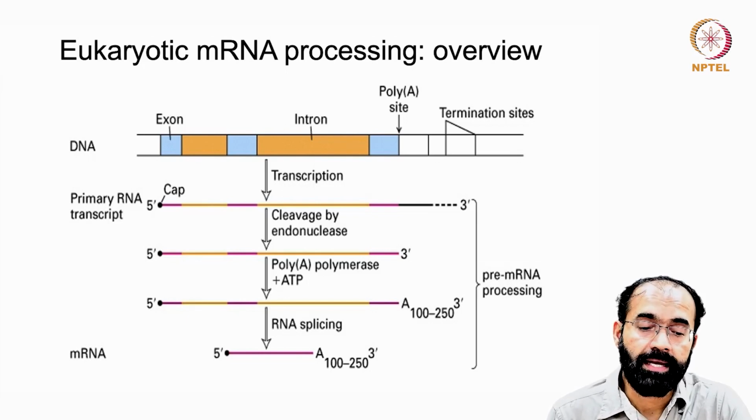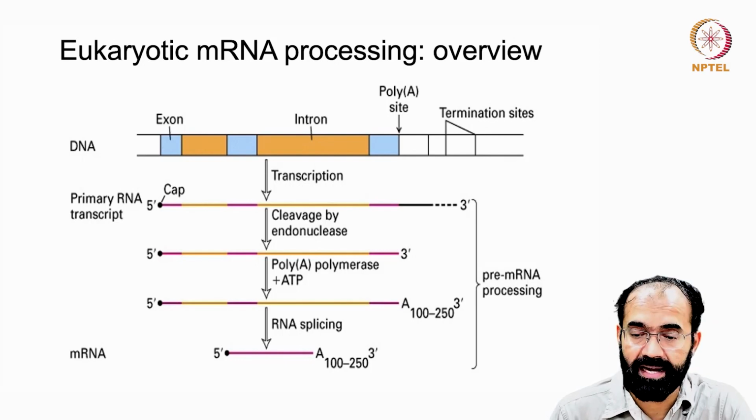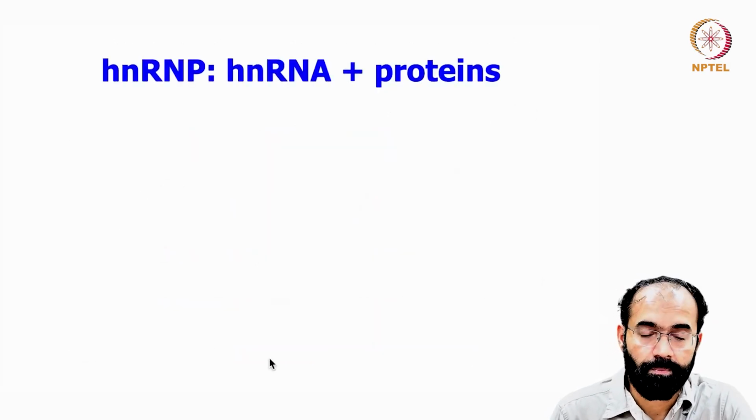And now a capped and polyadenylated RNA, pre-mRNA, can undergo a process called RNA splicing, because of which these yellow colored introns will be removed and the pink colored exons will remain. So this is a processed RNA in a simplistic form.